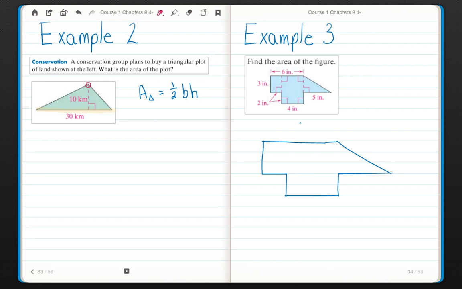If I drop that ball of string straight down so that it makes a right angle with the base, this is the height. The other two sides are not the height. The height is the vertical distance.